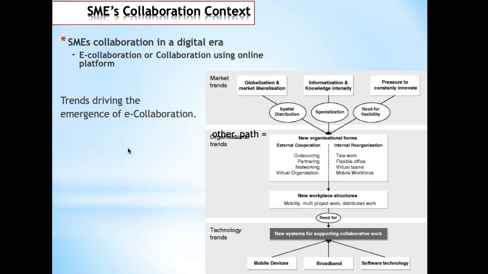Now, another important thing we want to pay attention to is collaboration in the digital era. Everything is being digitalized nowadays because of Industry 4.0 and Enterprise 3.0. So there are some trends that drive e-collaboration, or collaboration using online platforms.